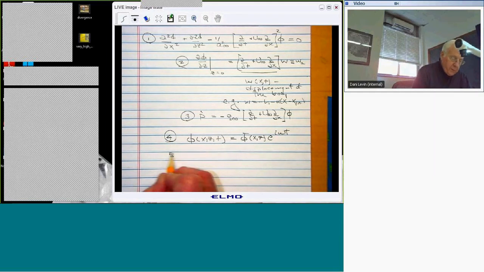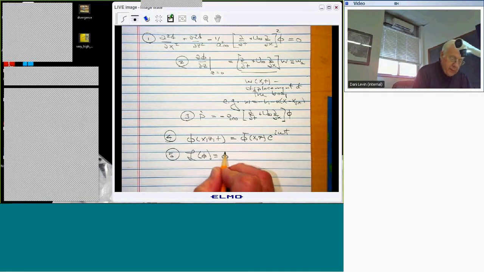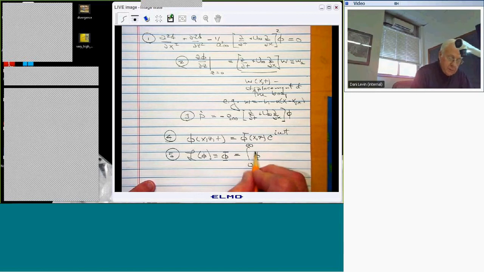And then 5, we're going to take the Laplace transform of phi. We're going to define that with the symbol capital Phi. And that, by definition, is the integral from 0 to infinity of phi bar of x and z e to the minus px dx. We're taking the transform with respect to x.